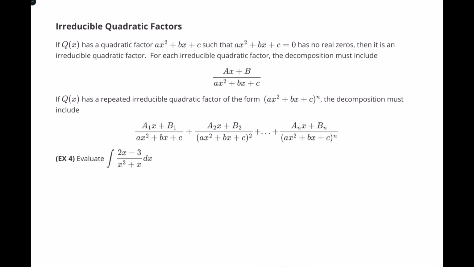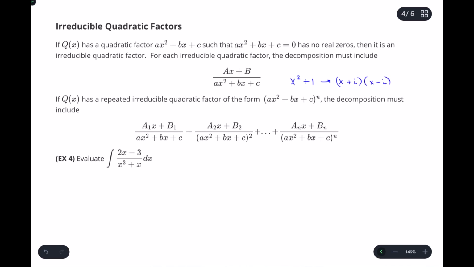Because if you have a term in the denominator like x squared plus 1, technically it could reduce into x plus i times x minus i, which is in the field of complex numbers. But we don't want to go into complex numbers. We want to stay in real valued variables here. So in that sense, this is irreducible.